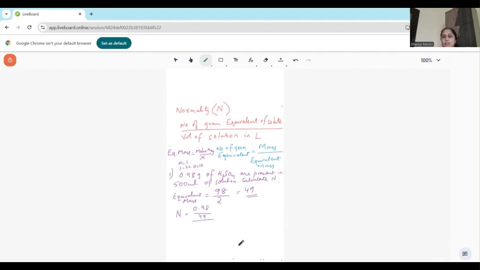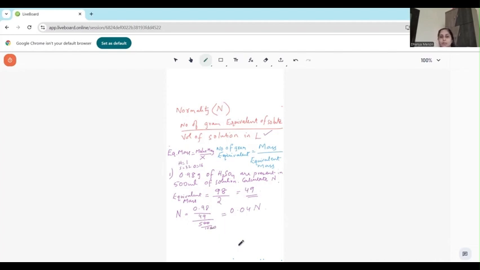Can I keep it as 500 or do I have to make it into liters? I have to make it into liters. Divide by 1000. When you solve this, it comes to 0.04 N. So this gets cancelled, and it comes to 0.04 N normal.